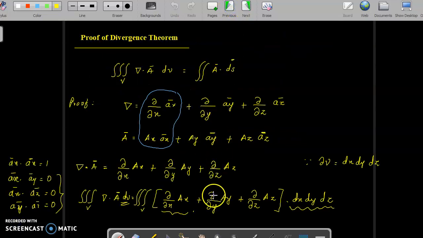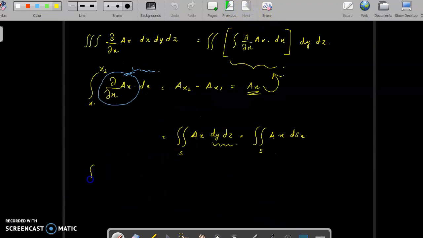Similarly, the following term we can write as the volume integral of the partial derivative of the Ay component with respect to the volume dx dy dz as the surface integral of Ay and dsy.